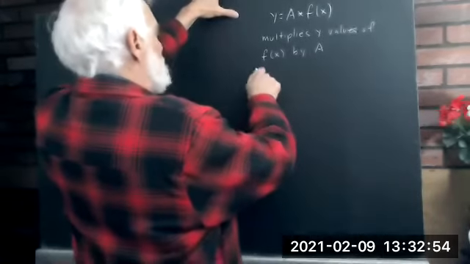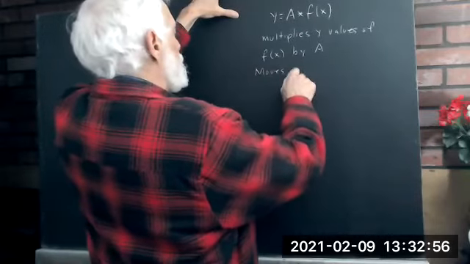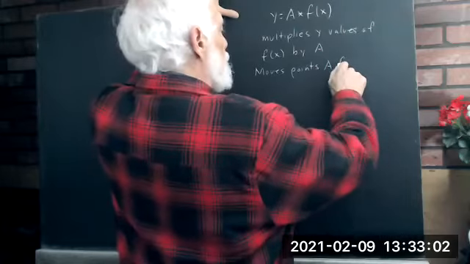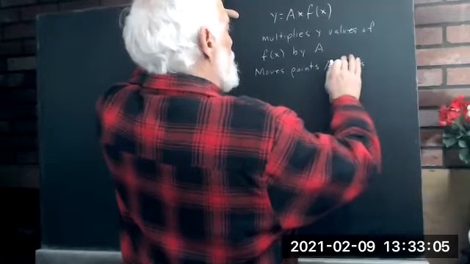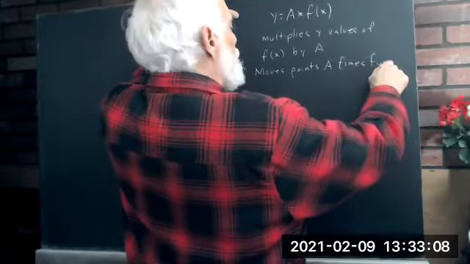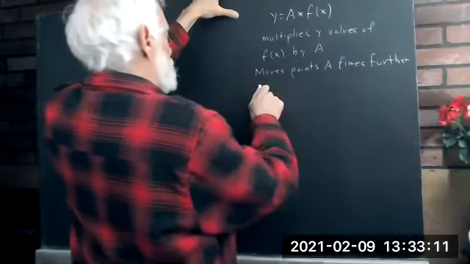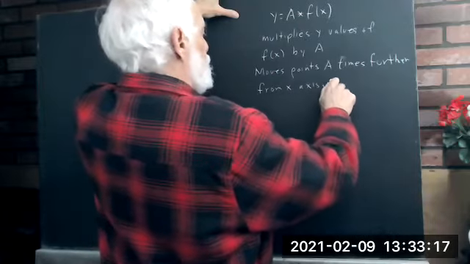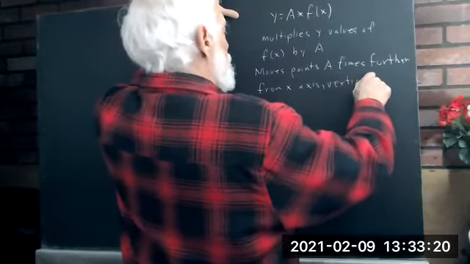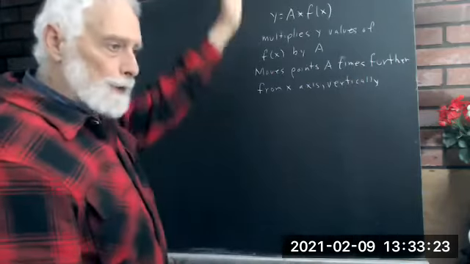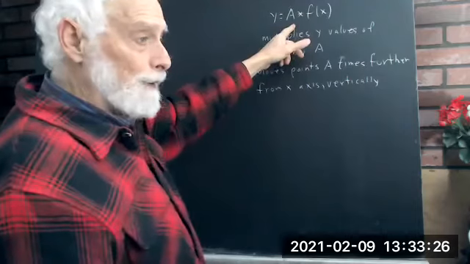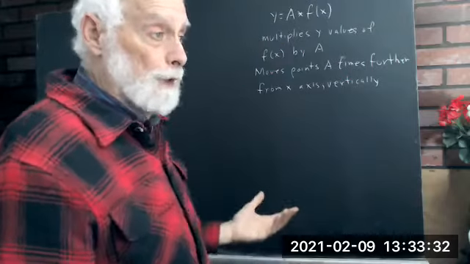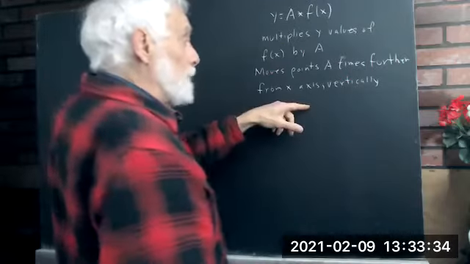In this, it moves points a times further from the x-axis. Vertically, that means up or down, because if you change the y-coordinate of a point, only the y-coordinate, you're moving it up or down. So it moves a times further vertically.